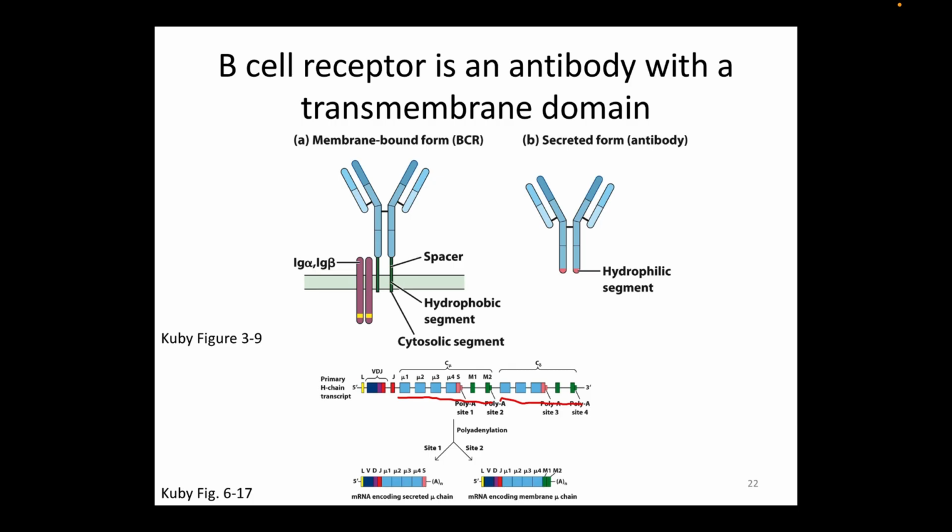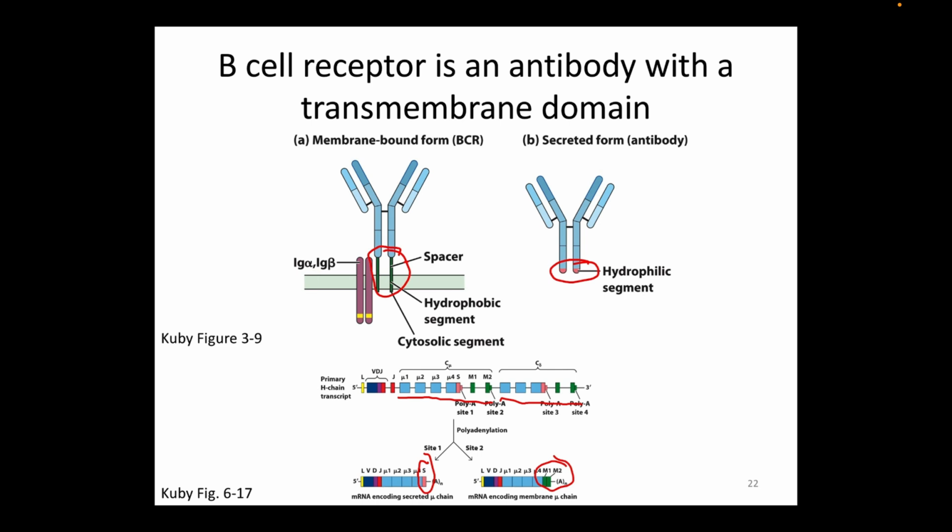There also are ways that those RNAs can be alternatively spliced to either make a version that ends right after the C mu and thus is a secreted protein, or to make a version that has a transmembrane domain and thus is a B cell receptor.